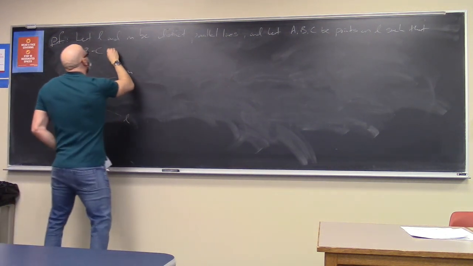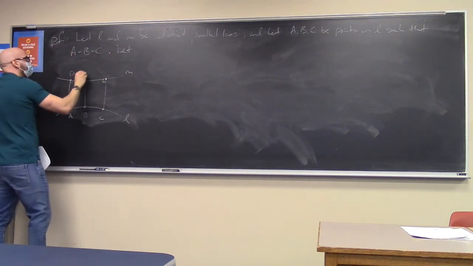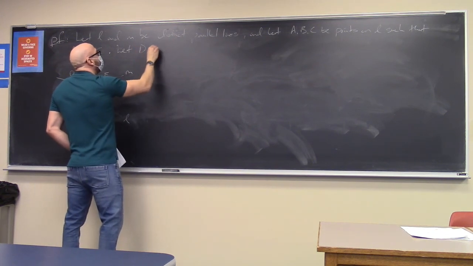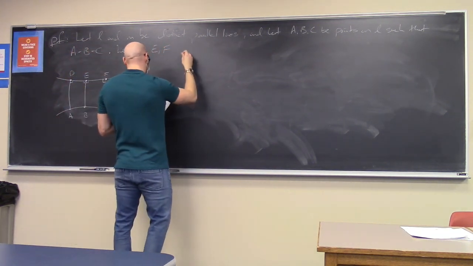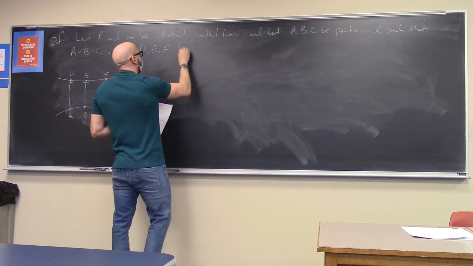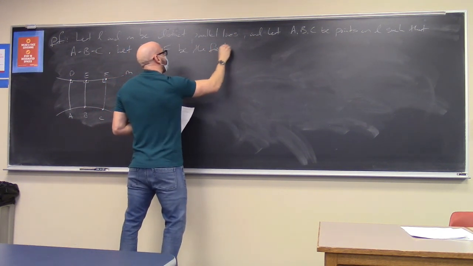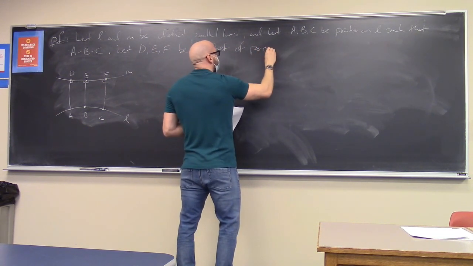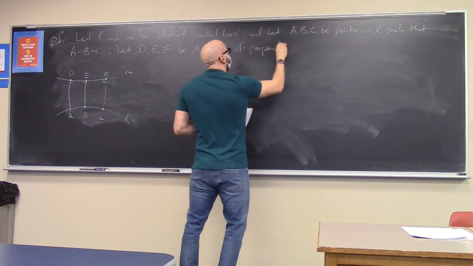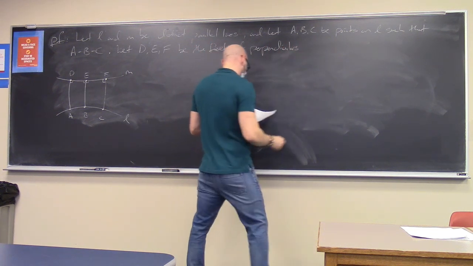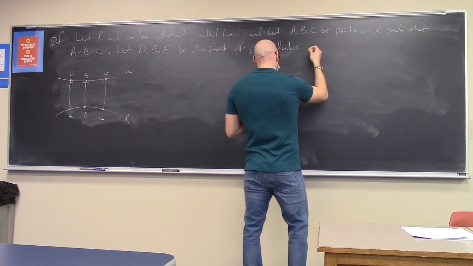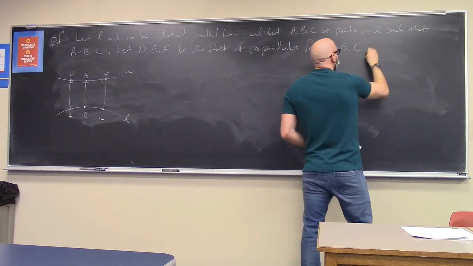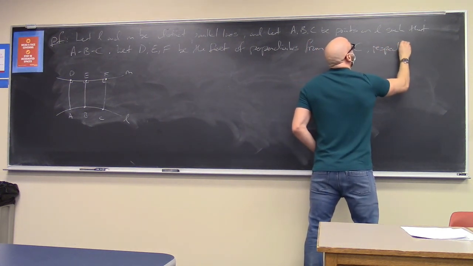So let D, E, and F be the feet of perpendiculars from A, B, and C, respectively.